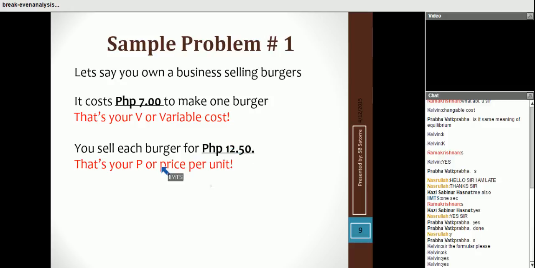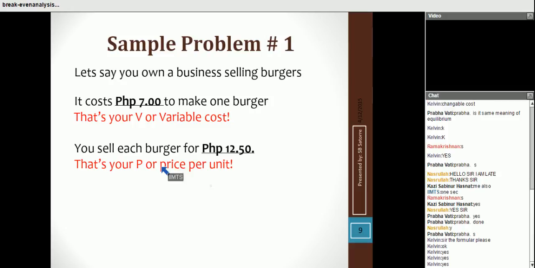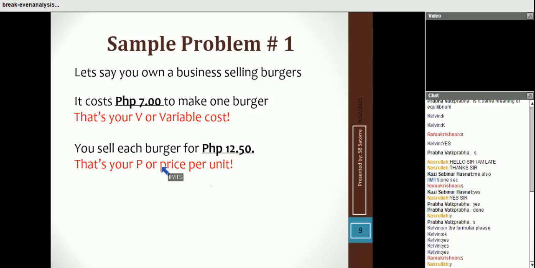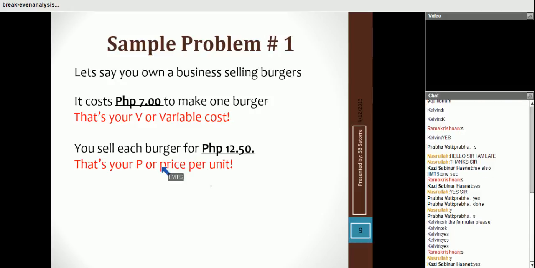Is everyone following it or not? Asya, Kelvin, Prabha, Ramakrishnan, Kazi, Nazrullah, Satish. Kelvin says yes. What about others? Ramakrishnan says yes. Nazrullah says yes. Prabha, what about you? Kazi? Kazi says yes.